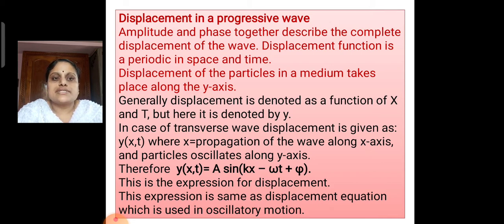Here A represents the amplitude, k is a constant called the wave number, which we will be discussing later. Omega is the angular frequency and phi is known as the phase constant.